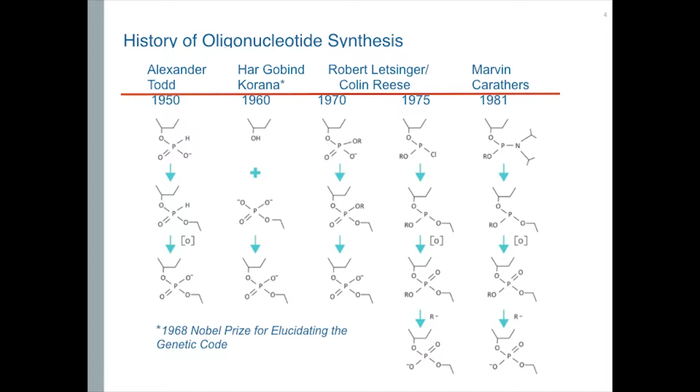That further led to Bob Letsinger and Colin Reese doing further development work on triesters, and then early phosphite chemistry, initially phosphite chloride chemistry, where coupling reactions went much more efficiently. But having cut my teeth on chloride chemistry, it was really tough. Fortunately, one of Bob Letsinger's students, Marv Caruthers, came up with the amidite chemistry, which we still use today.